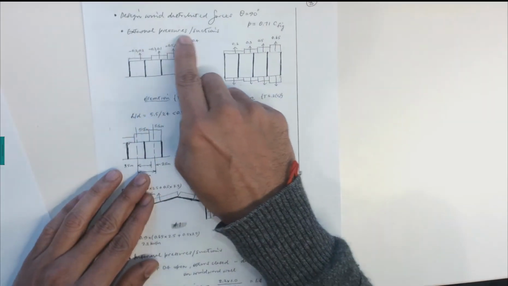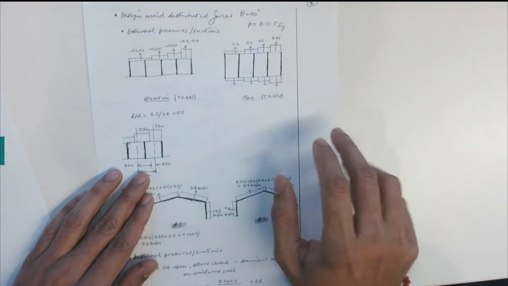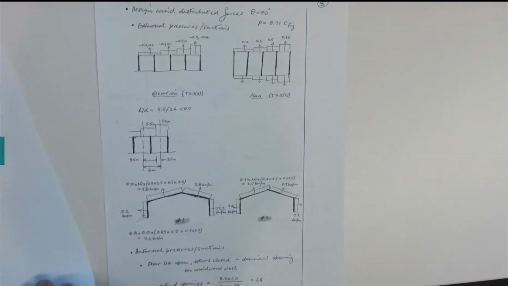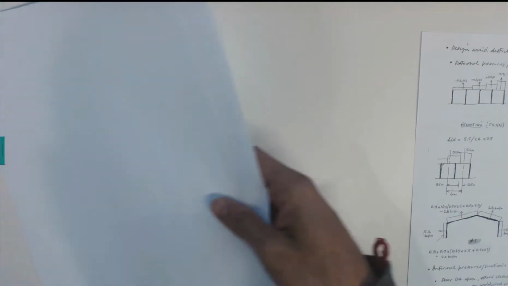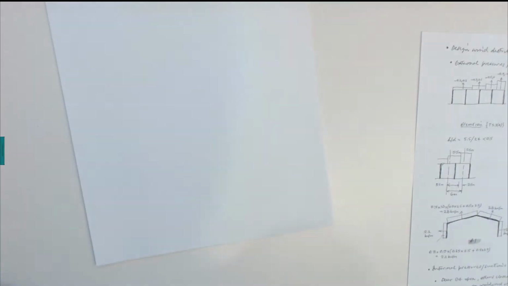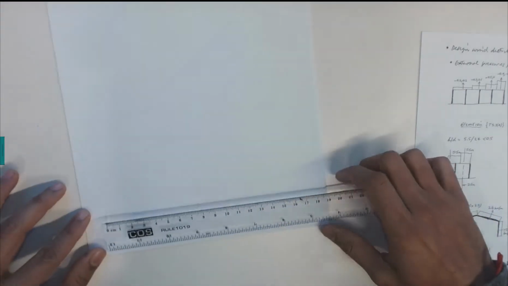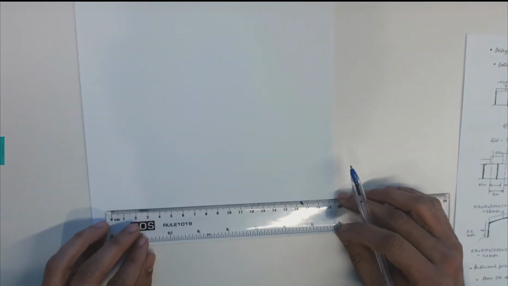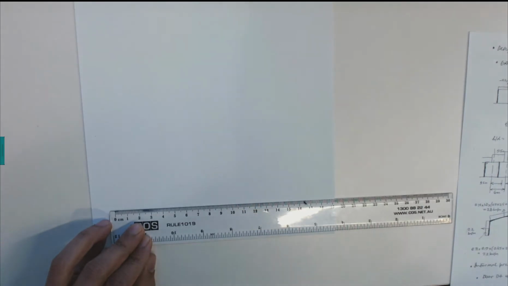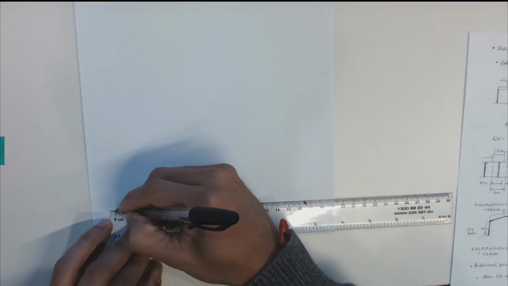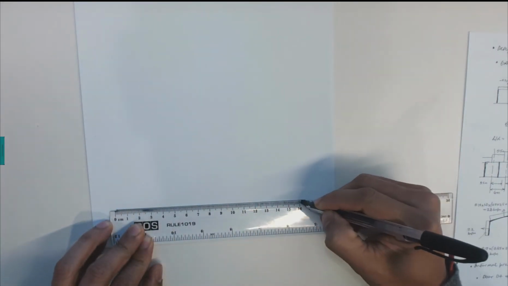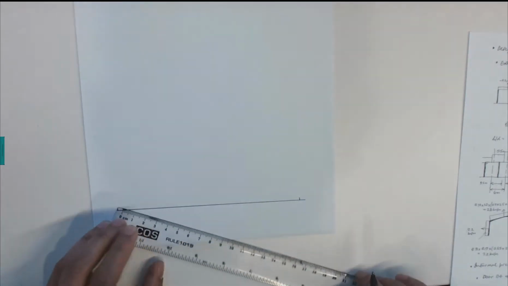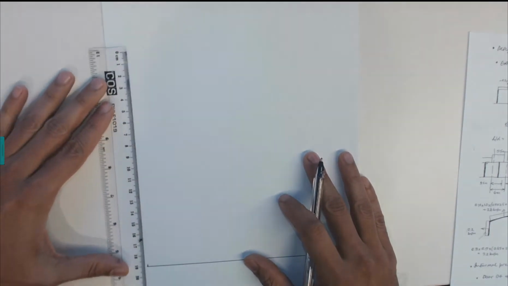Now we need to calculate external pressure and suction for the two walls. So I'm drawing the diagram here for this case. I'm using the ruler here to demonstrate this one. We have 16 meters that I'm drawing here, and we have 24 meters.